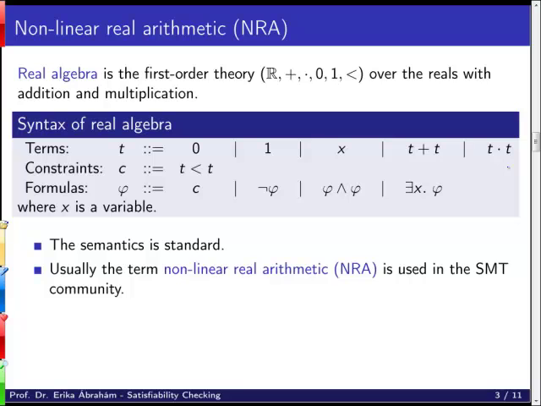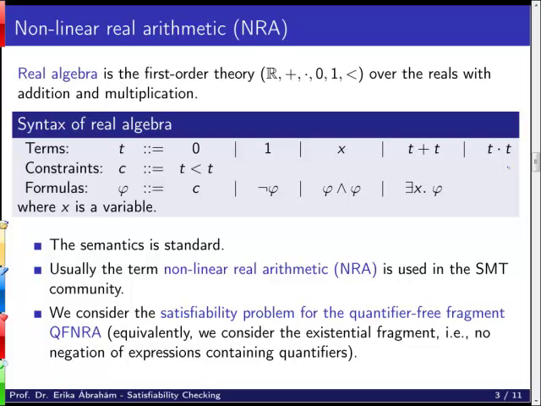So from this point of view, the correct term would be real algebra, but since in the SMT community we're searching for satisfying solutions, they call it real arithmetic, and that's why they use both, they mean the same. And nonlinear real arithmetic, if you look at the SMT competition pages, is called NRA.